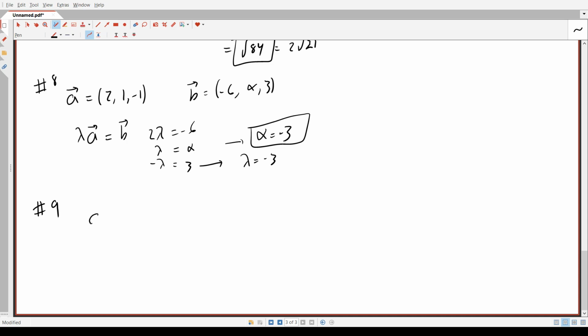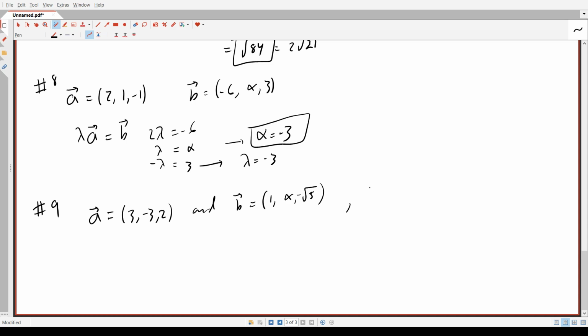It says A, which is 3, minus 3, 2, and B, 1, alpha, minus root 5, have the same magnitude.